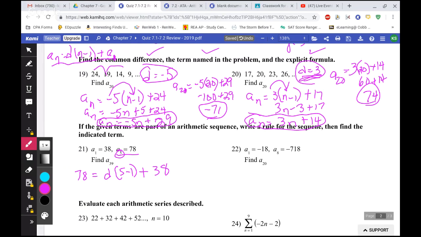Does that make sense? Yes, ma'am. Okay. So we'll subtract 38 from both sides. So now you have 40 equals 4D. And then divide both sides by 4. So our common difference is 10.